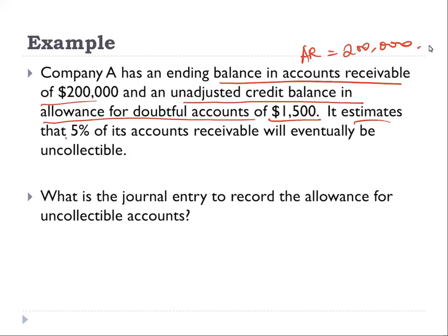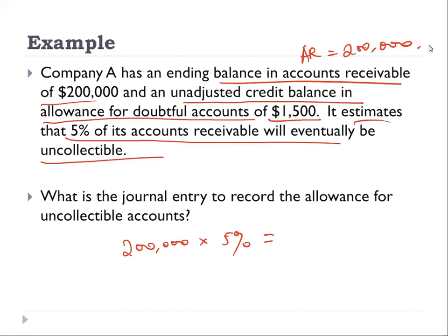It estimates 5% of its account receivable will eventually be uncollectible. So 5% of 200,000 is going to be 10,000. And the firm has only accrued a balance of 1,500.